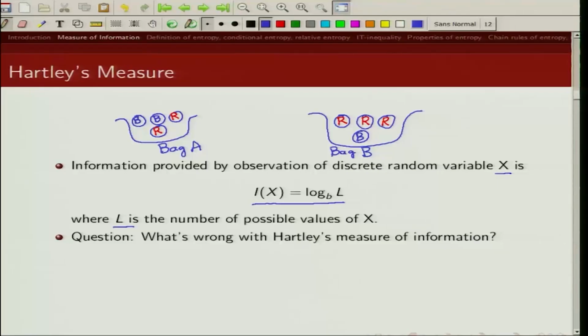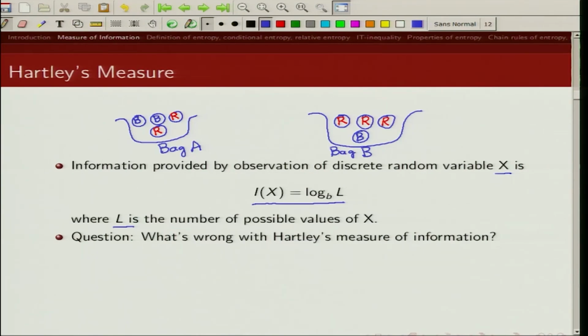Similarly, in bag B you have 2 possibilities. You can either get blue ball or you can get red ball. So according to Hartley's measure of information, the information content in both these bags are same, because both have only 2 possibilities. But is the information content same?